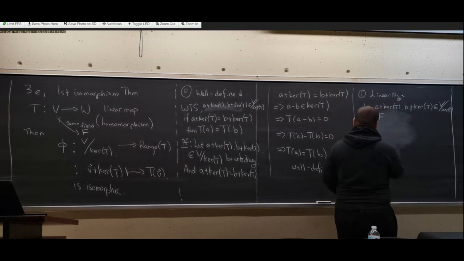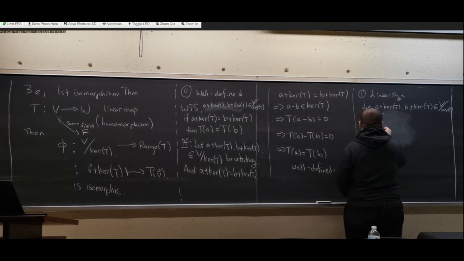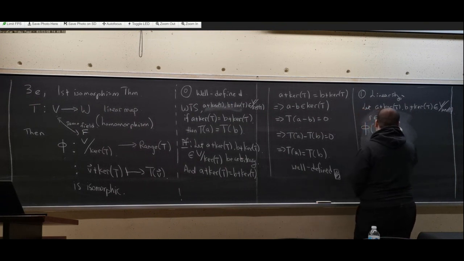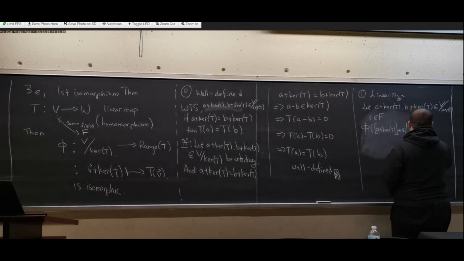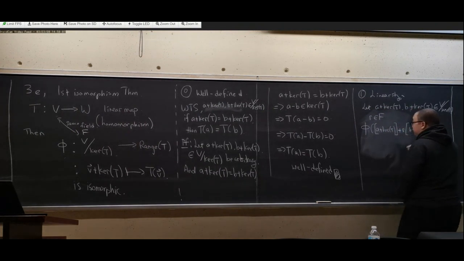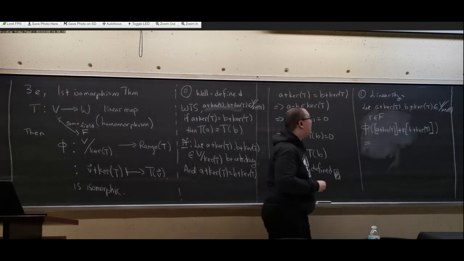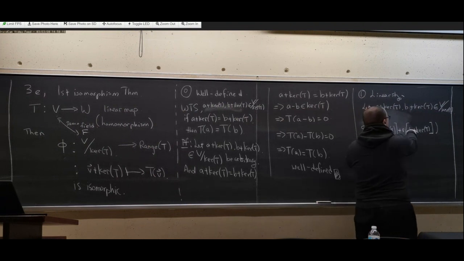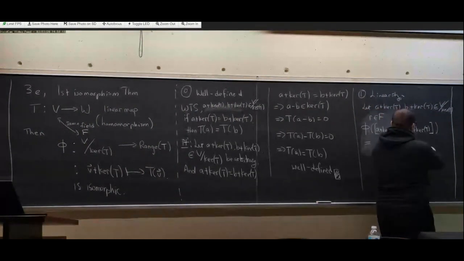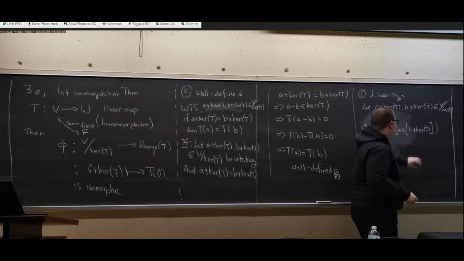So I have two arbitrary elements from the domain, and I have a constant from the associated field of the domain. Now let's see what happens if we take phi of A plus kernel of T plus R times B plus kernel of T. Let's see what this equals to. Well, the property of the affine set tells us if we take the affine set and we multiply it by a constant, then that's the same as just multiplying a constant to the representative. We do nothing to the set itself.